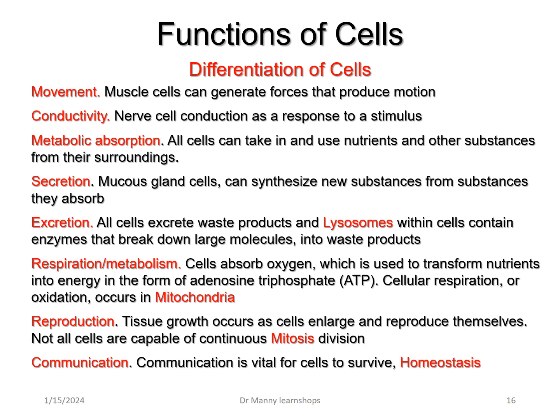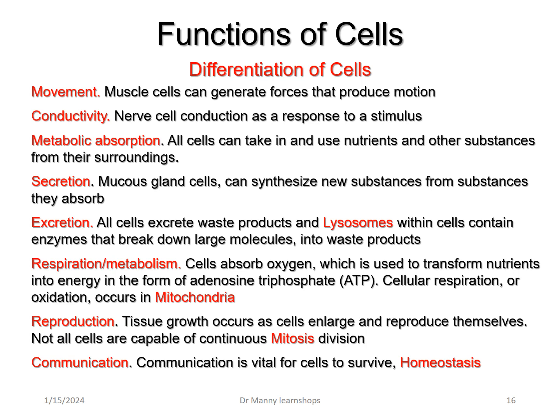In relation to metabolic absorption, all cells have to take in and use nutrients and other substances from their surroundings in order to function correctly, homeostasis. Secretion can be things related to mucus glands or cells that can generate new substances from substances that they absorb. Excretion, all cells have to excrete waste products.